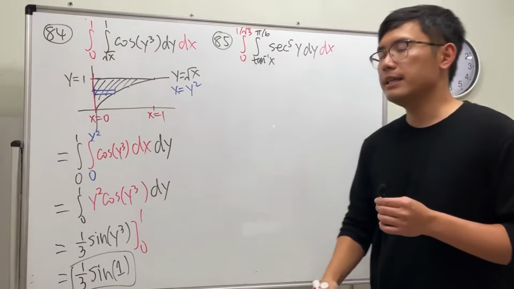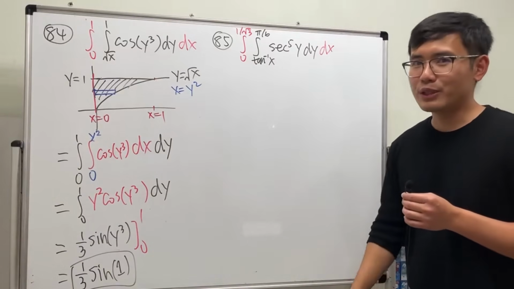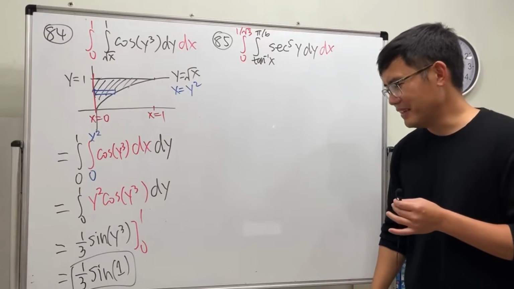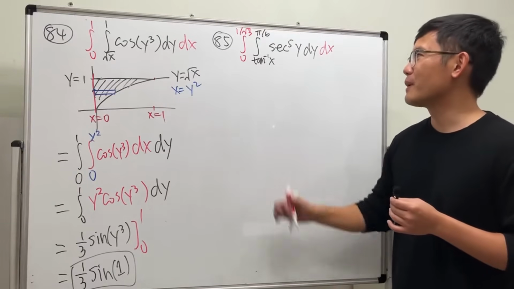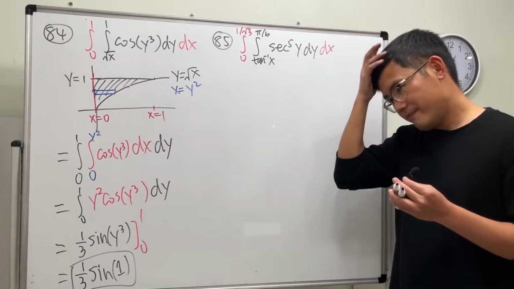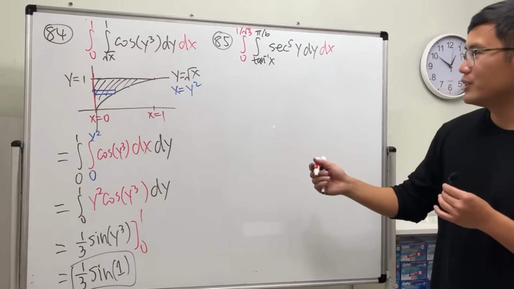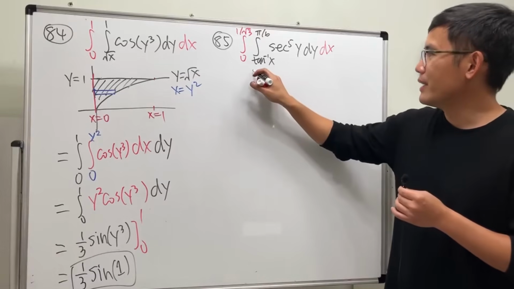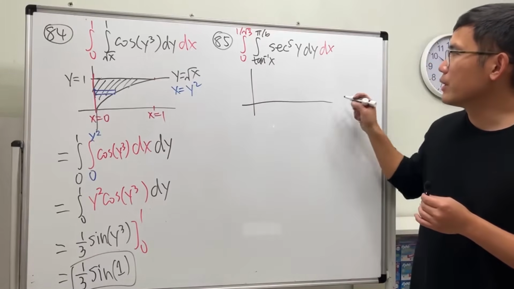If you would like, yes, you can use the reduction formula that we did earlier today to integrate secant to the 5th power of y in the y world, but let's not do that. Change the variable, change the order. Okay, let's see how it goes.